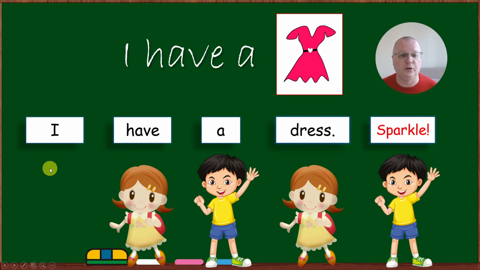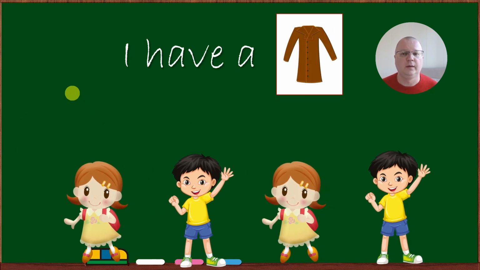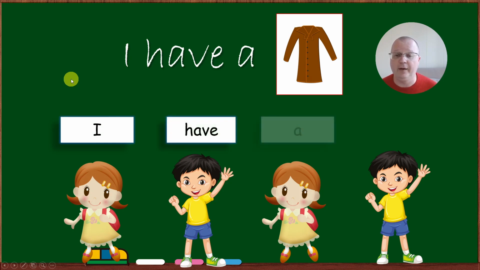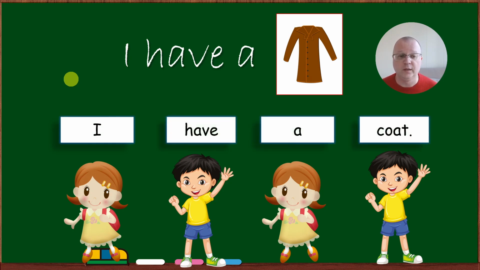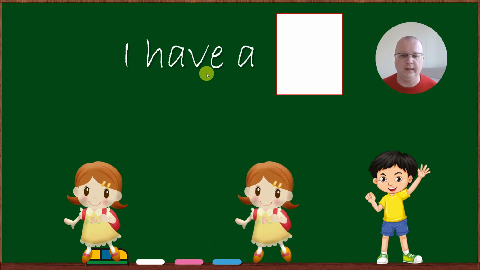And then the next student goes back to their seat. Next, we change the flashcard, so now it's a coat, and here we go. I have a coat. Sparkle. Then the student next to this girl goes back to their seat.